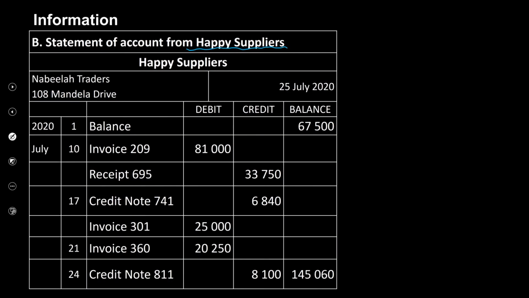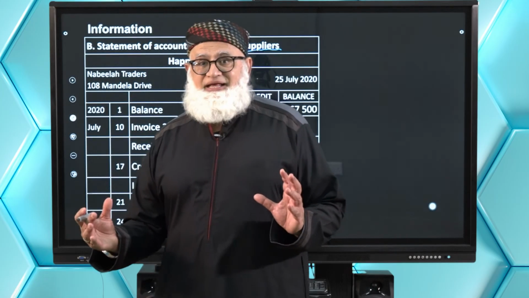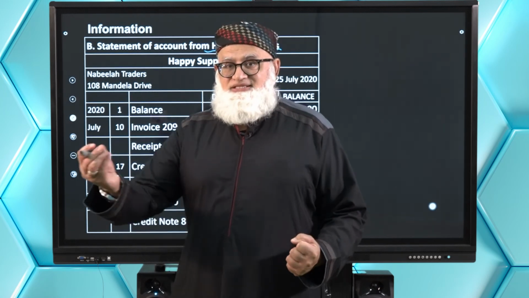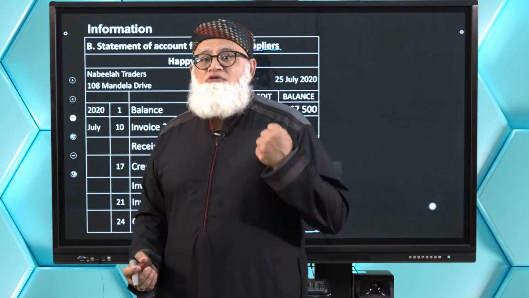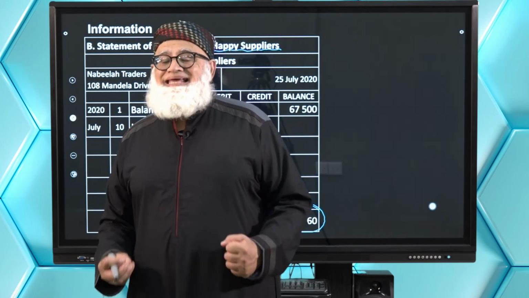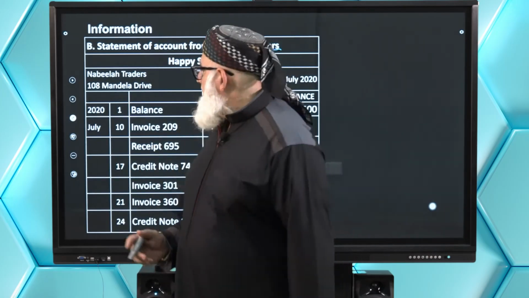When we compare that to the statement that we are receiving from them, according to them, there's a balance there of 145,060. So obviously, we now need to reconcile. Reconcile what? The statement we are receiving from Happy Suppliers with the account as it appears in our records. Okay.